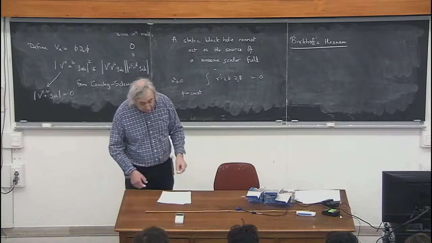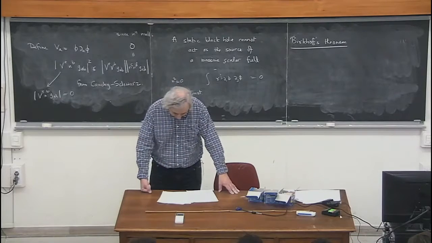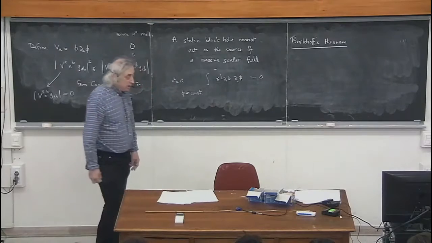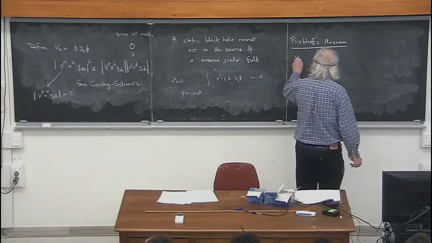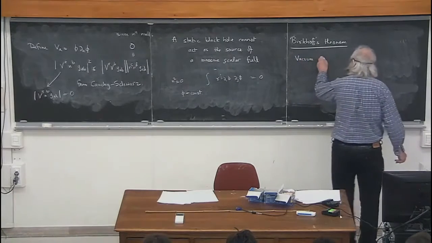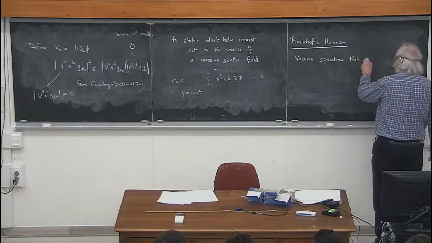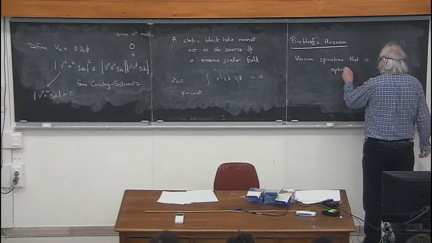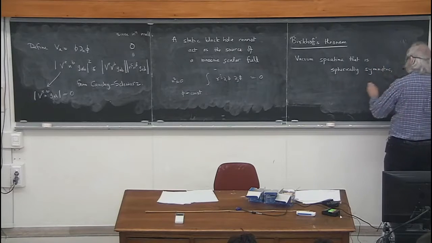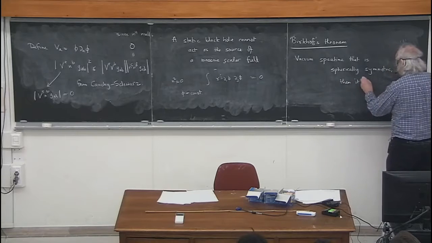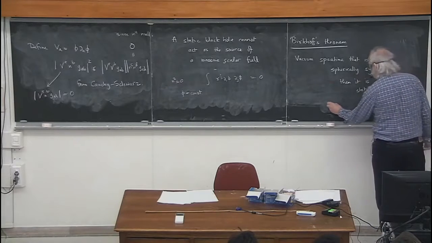It says that if you have a vacuum space-time that is spherically symmetric, it's static. And hence Schwarzschild.